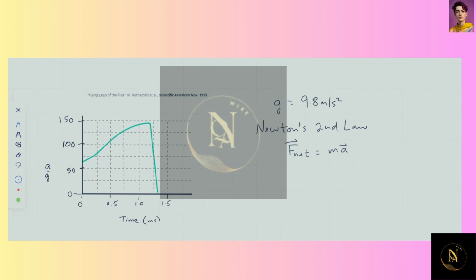So the acceleration in this case is acceleration in the y direction straight up, and the F net is a one-dimensional quantity impelling that flea upwards. So the questions have to do with what force does the flea experience initially, the initial net force, and then the maximum F net.